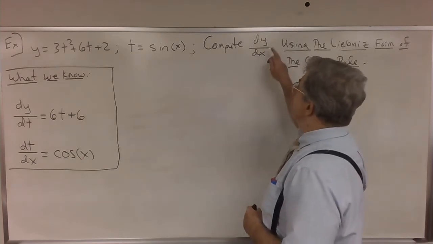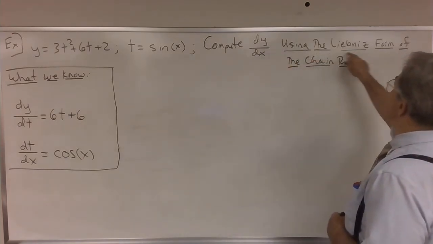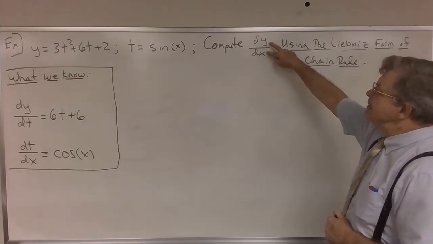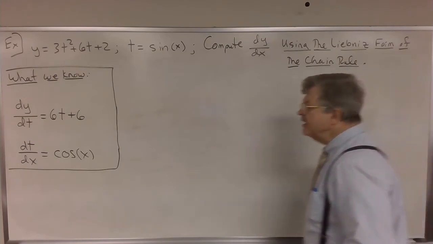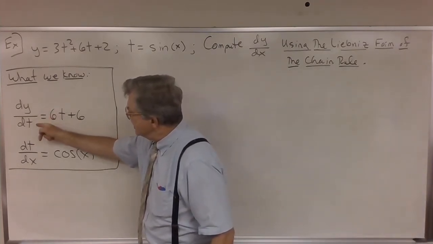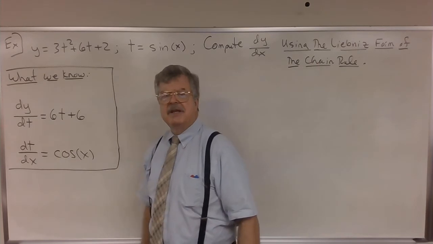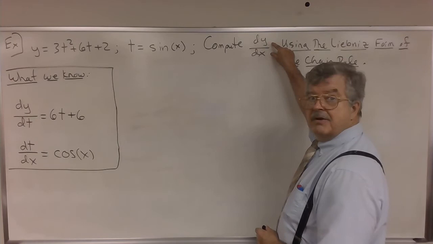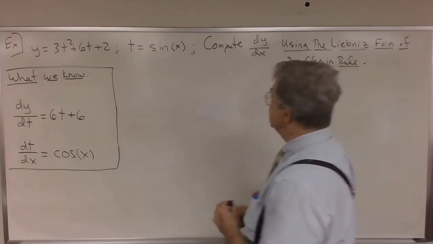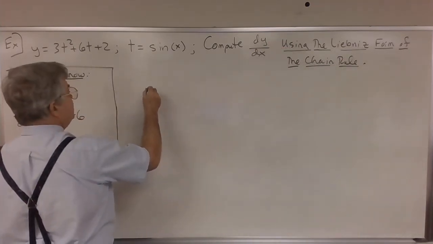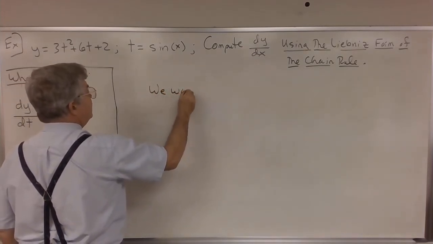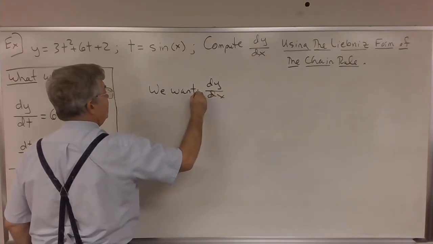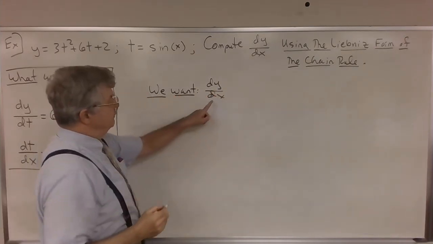And they want dy/dx using the Leibniz form of the chain rule. So this is what we want, the derivative of y as a function of x. Do we have that over here, dy/dt, dt/dx? No, we don't have that. So let's make sure we don't forget what we're looking for. We want dy/dx. So I'm going to write that down just to make sure that we stay focused. This is what we want.